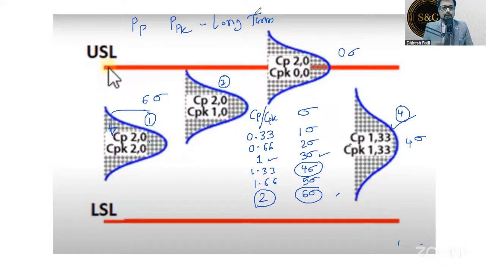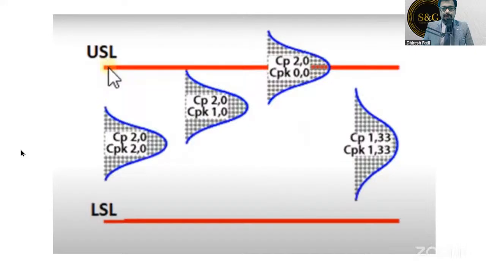ठीक है? So shall we do one exercise on Minitab? The people who have Minitab, you can just do this exercise along with me. And if you don't have Minitab, just observe right now whatever we are doing. Okay, the same chocolate weight का standard sheet है जो कि I'm just sharing with you. If you don't have it, just observe this.